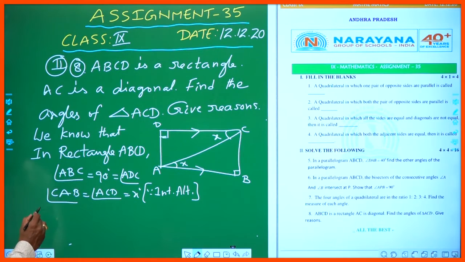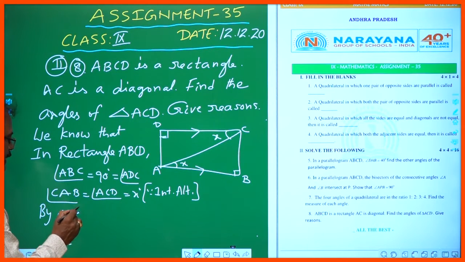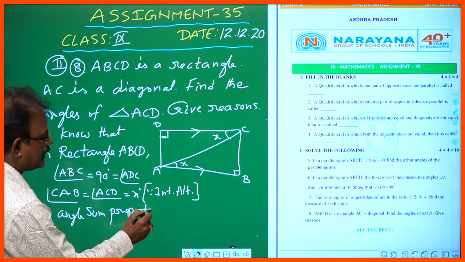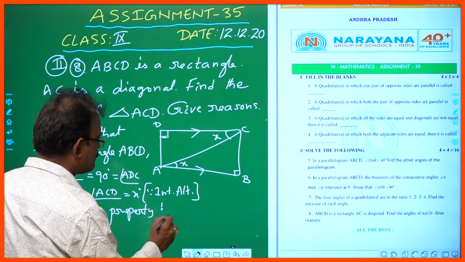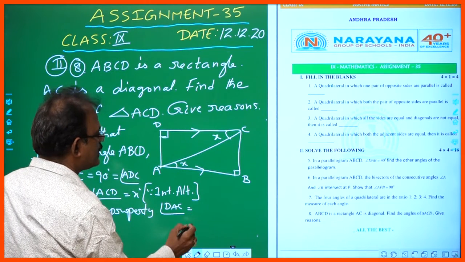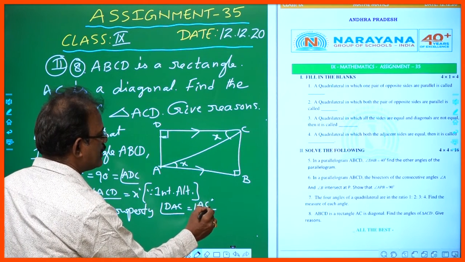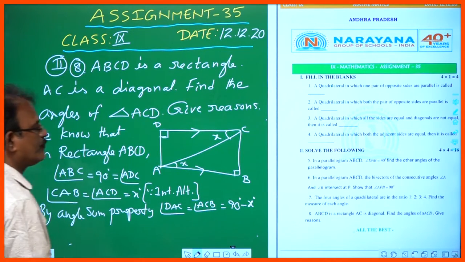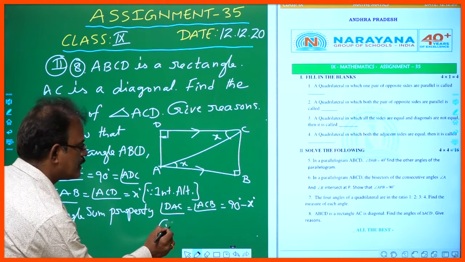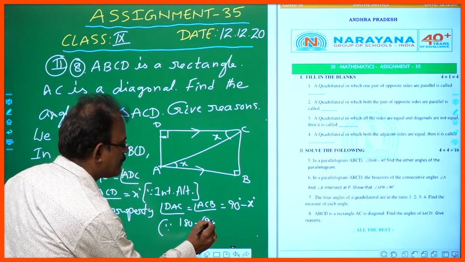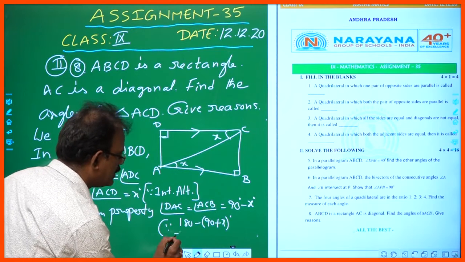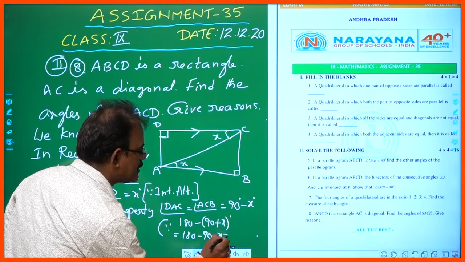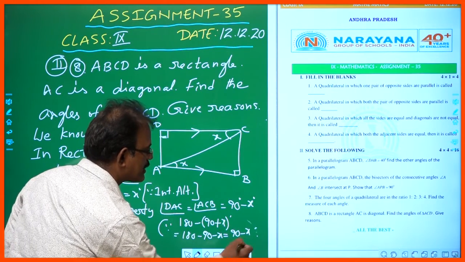Then by the angle sum property, the other pair of angles, angle DAC is equal to angle ACB is equal to 90 minus X. Of course, this is 180 minus (90 plus X) according to the angle sum property. This is 180 minus 90 minus X, equal to 90 minus X.